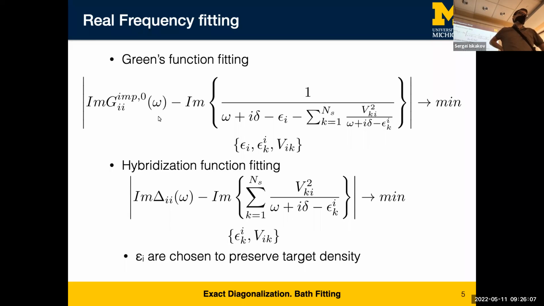I basically take the energy window large enough so the Green's function outside of this has already decayed to a small value. Same basically we have for the hybridization function. You also have some energy window, and you only care about the minimization within this energy window.